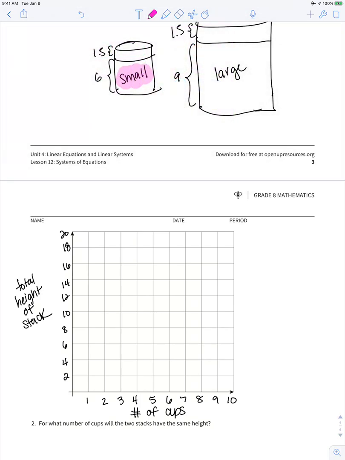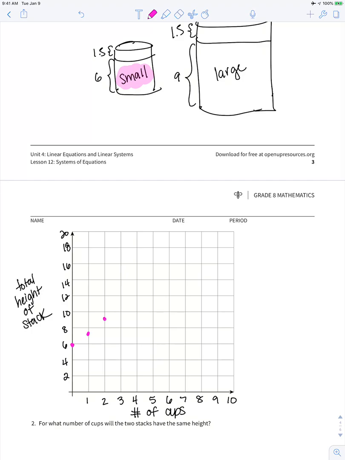I have to start at 6, which is here. And then I'm basically increasing by 1.5 every time, so I'm going to estimate where that's going to fall. Around here, somewhere close to here.